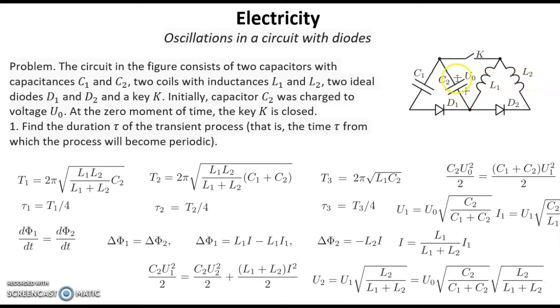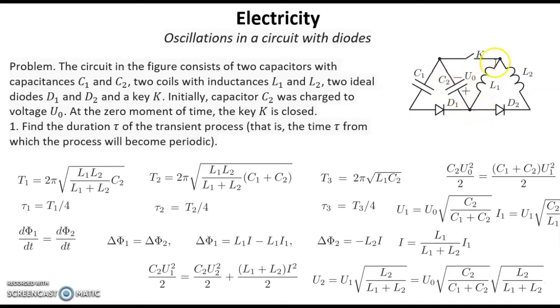In this moment the charge here is maximum, it starts to decrease, and it means that currents still go this way, start to increase this current. So in the moment when the total voltage is maximum, it starts to decrease.